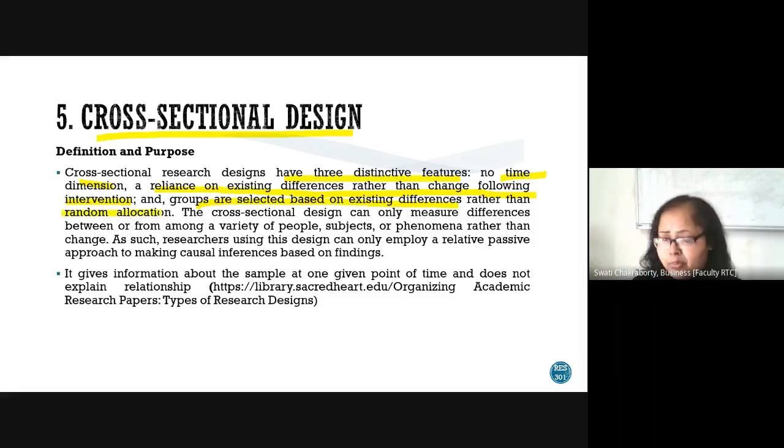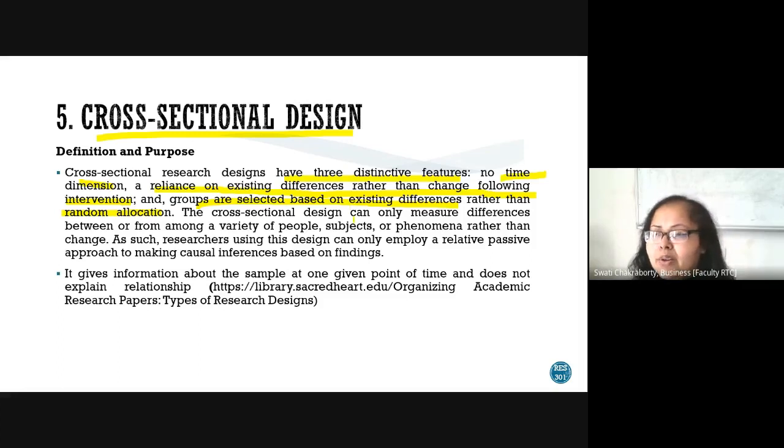So there's no time dimension. Not a particular span of time, but over this period of time, between the two groups, a difference is already there when you select them, and the groups selected are based on the differences which already exist, rather than where you start randomly allocating them.